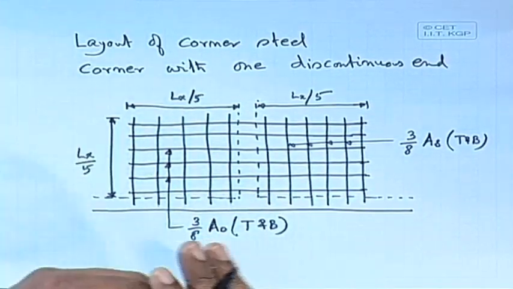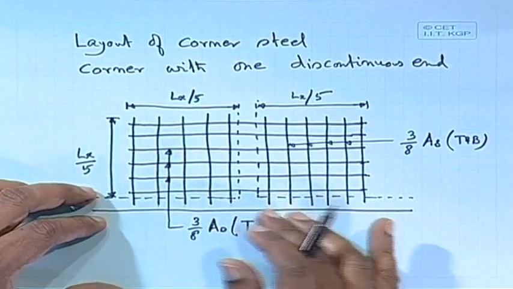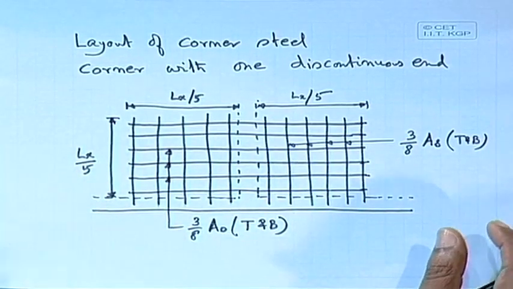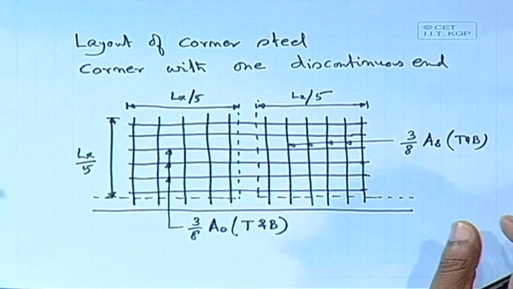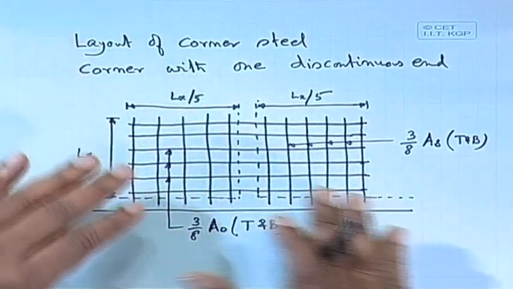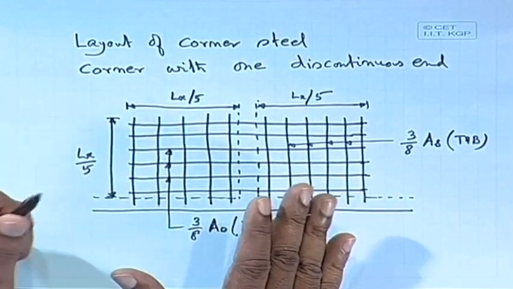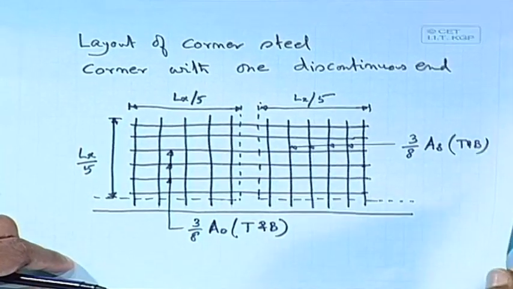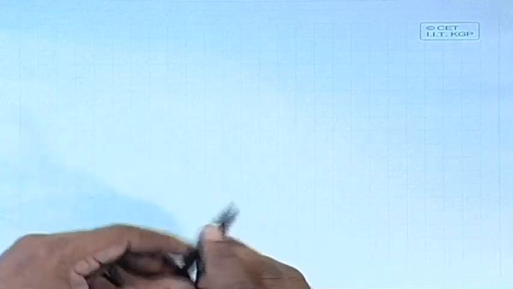So, one is where there are two discontinuous edges in total, and another where there is only one discontinuous edge. So, this is the problem that we have to finish. Until and unless you finish this detailing, the work is not complete. There are a few other things also that I am not going into, because otherwise it will be too boring; maybe in a later stage I shall tell you.